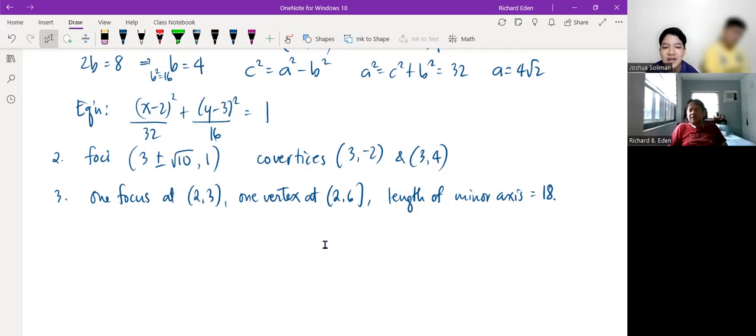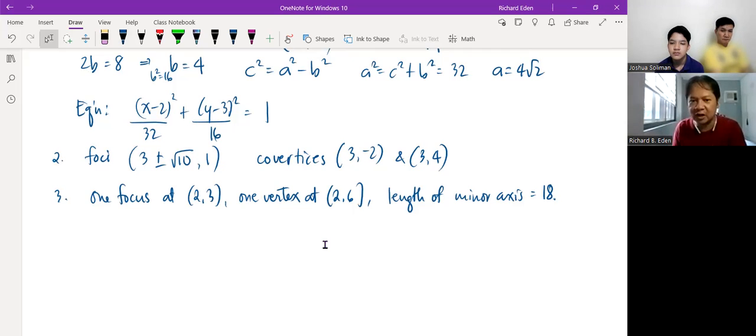So a minus c. But also, there are 2 vertices. There are 2 foci. The given focus and the given vertex don't have to be the focus-vertex pair that's closest to each other. So you would have to argue that, although the fact that the length of the minor axis is 18 should be used in the argument.